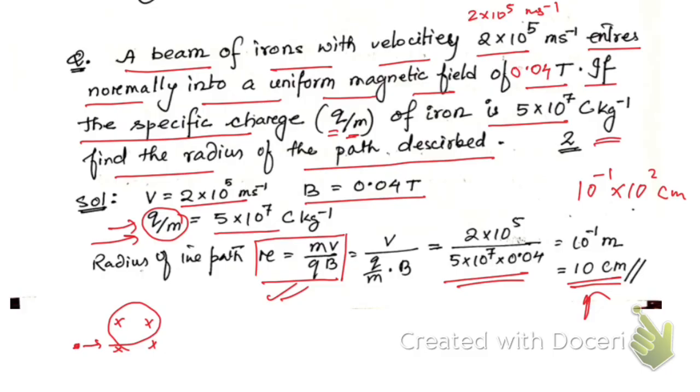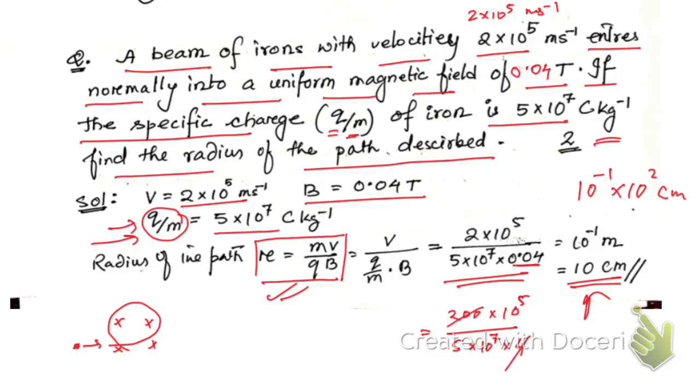I don't think I need to explain the calculation, but if you need it, let me tell you. Here we have 0.04. If you want to make it 4, then here we are going to have 200, with 10 to the power 5.